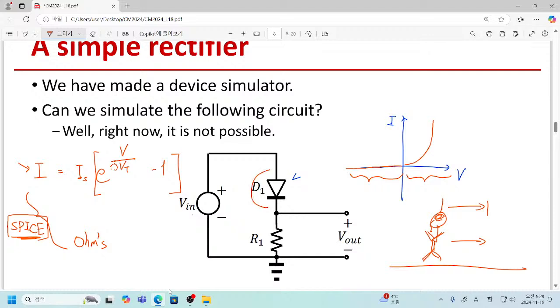However, in the case of this diode, we wanted to do a much better job than describing it this way. Describing the diode with I equal to something like that just gives us the IV characteristics.